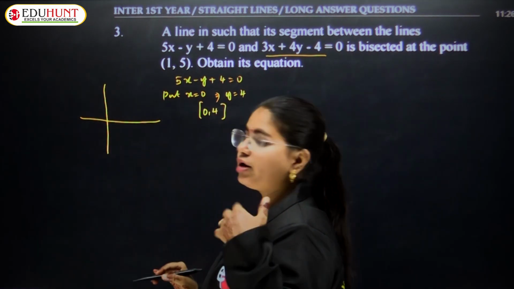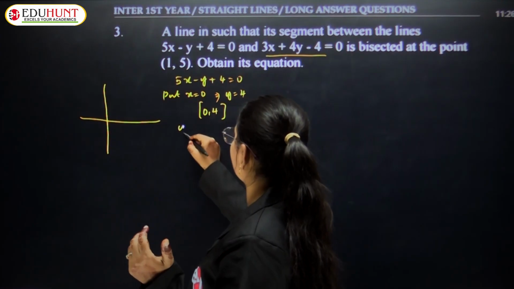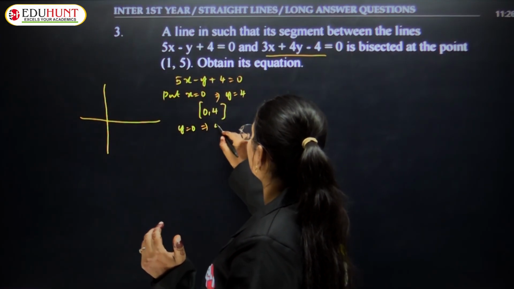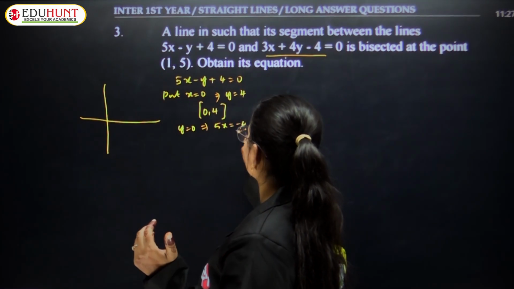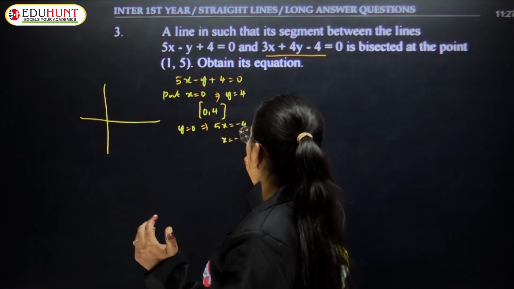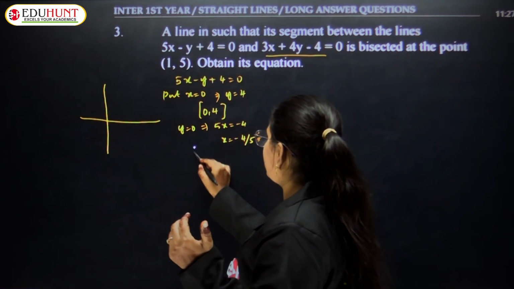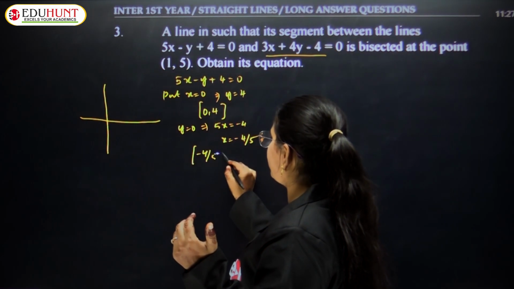What happens if y equal to 0? We are left with 5x equal to minus 4, so x equal to minus 4 upon 5. The point is (minus 4 upon 5, 0).